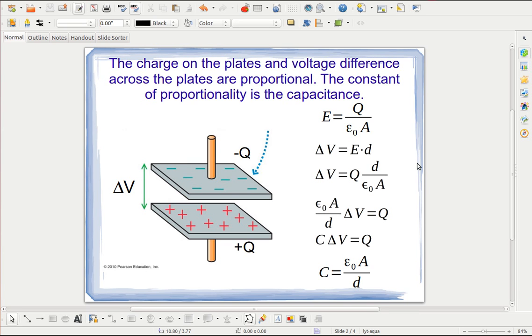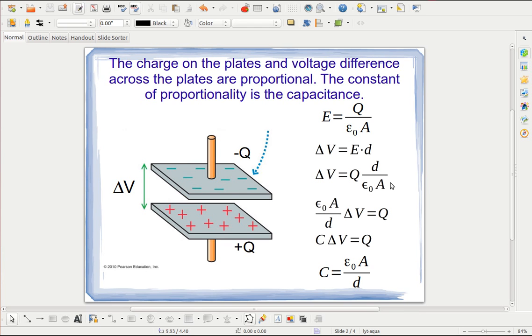The second equation describes how, when the electric field is constant, there's a potential difference across the plates that we can calculate. If we substitute in the electric field value into this equation, we get the third equation, which describes the potential difference and the charge.